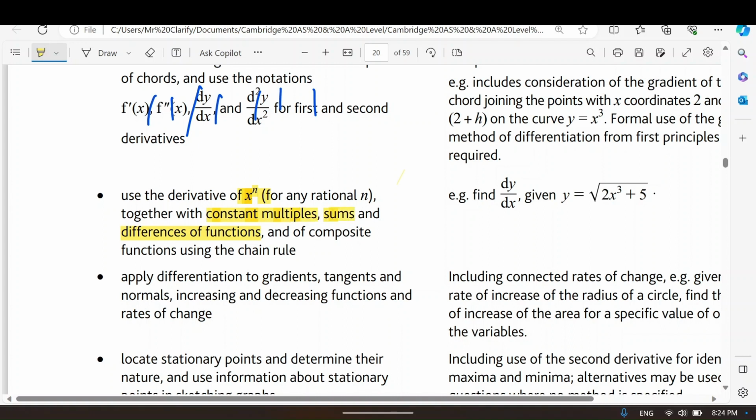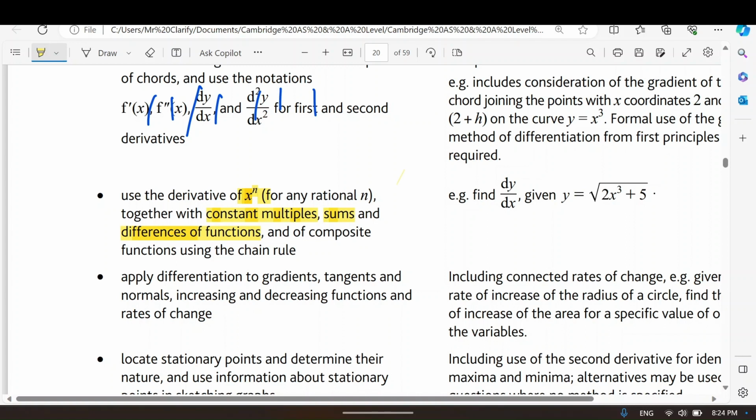Or when you have 2 functions adding each other, which is sum, or 2 functions subtracting one another, which is differences of functions. So we are applying the power rule to one function, or to one function that has a number multiplying it, or to functions that are adding or subtracting.